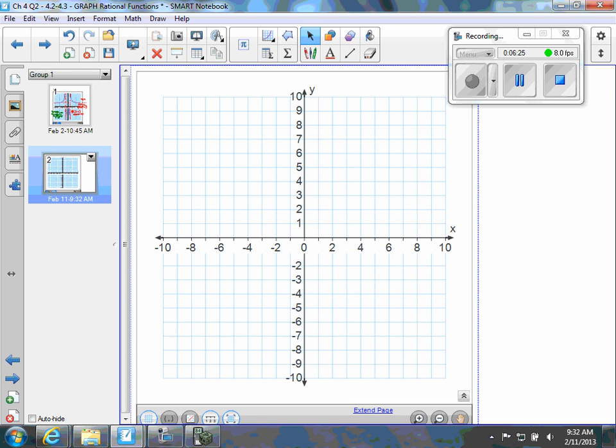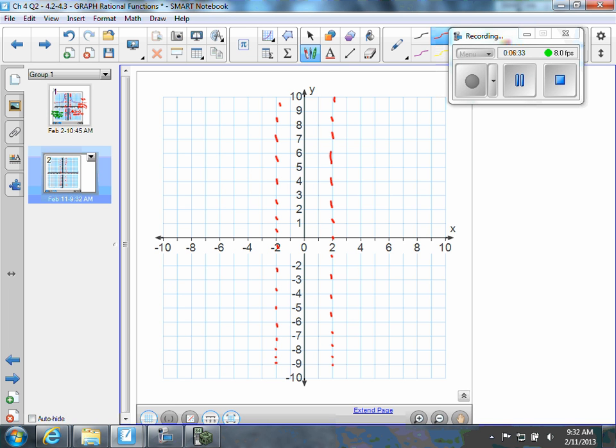So let's say I had the same vertical asymptote here. Let's say I had a horizontal asymptote here, and my function looked like this.